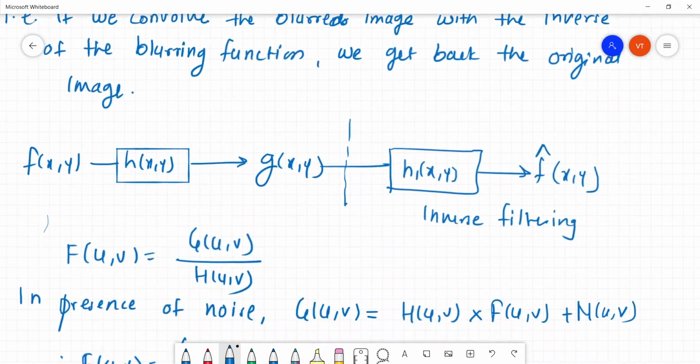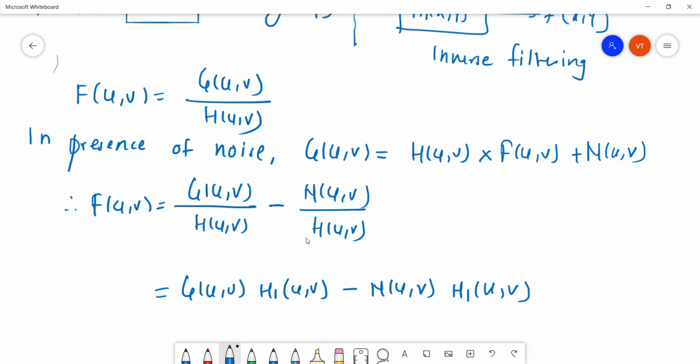This was equation 6, so this will be 7 and this is 8.